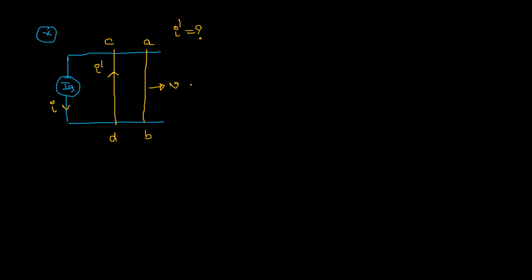First of all, I am taking this board plane as XY plane and I'm focusing on which end is at a high potential, point A or point B. For that I am taking once again F bar is equal to Q into V bar cross B bar.